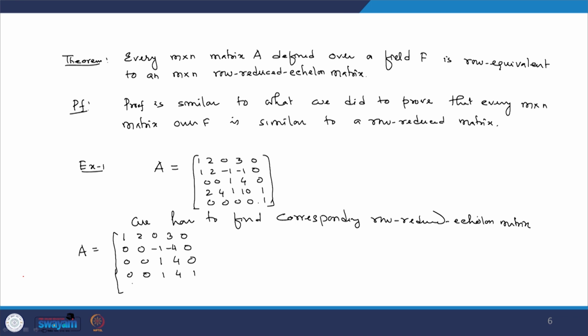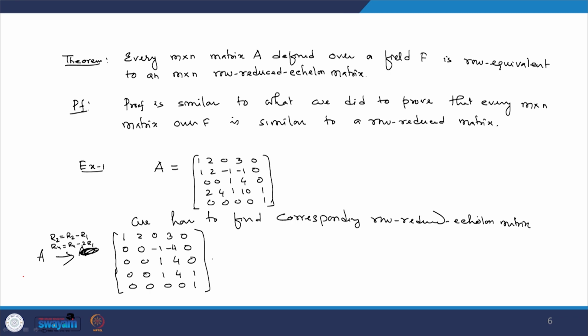Then it is basically 0, 0, 0, 0, 1. So A goes to this matrix. By elementary row operations, here we have done R2 equal to R2 minus R1 and R4 equal to R4 minus 2 times R1. So I have got this one.